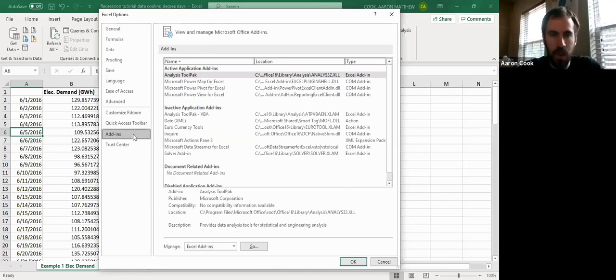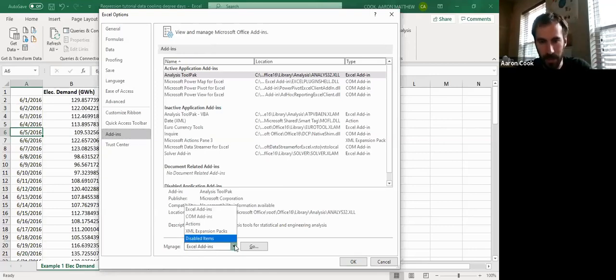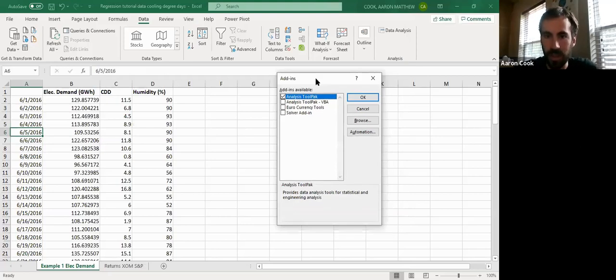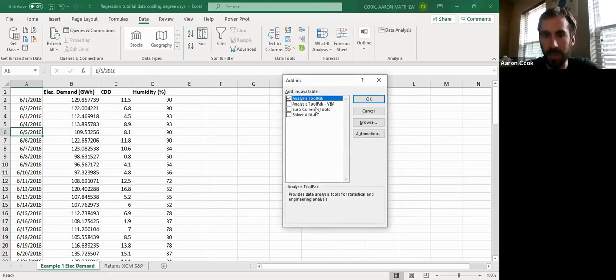Once you get to Add-ins, you want to go down to the bottom portion of the window where it says Manage, and there's a drop down menu next to Manage. If you click on Excel Add-ins, and then hit Go, that'll take you to this window, which has different options of what you can add into your Excel program.